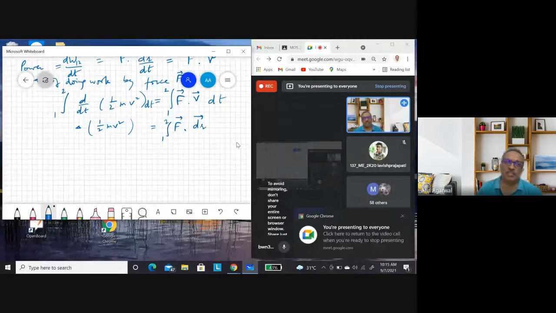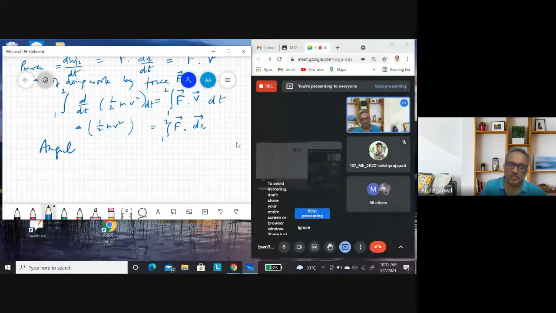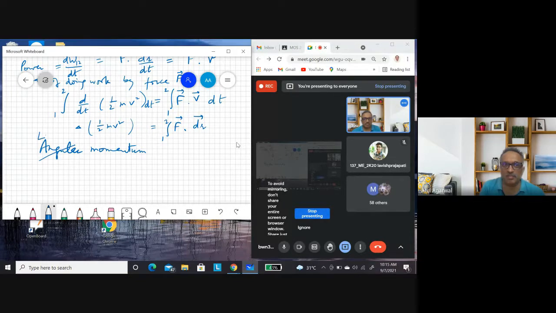Similarly, we have the concept of angular momentum. Or rather, first we can talk about linear momentum. You know force is equal to mass times acceleration, Newton's second law.